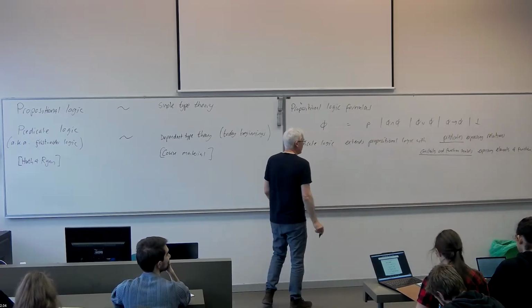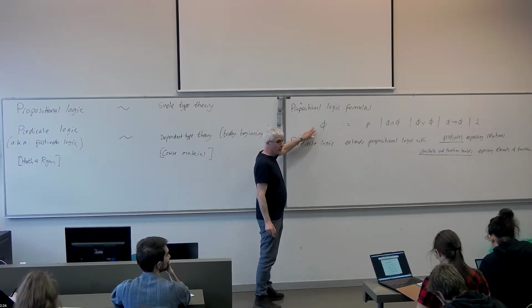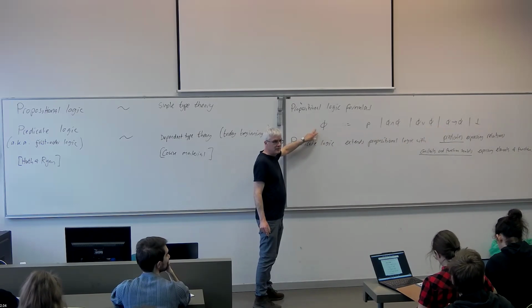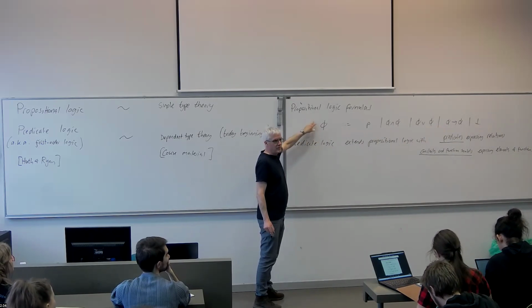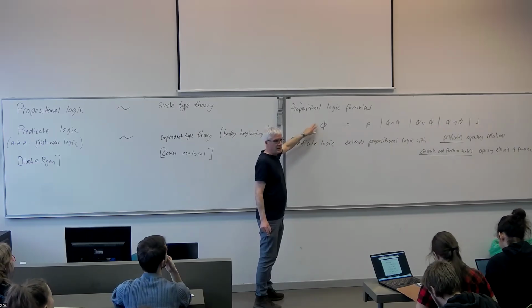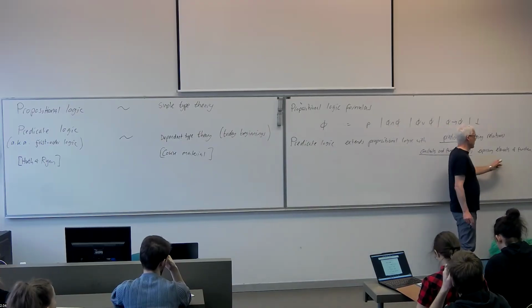And then we have a language of formulas again. But the formulas depend on another language of something called terms. And the point of terms is they express elements of the universe.